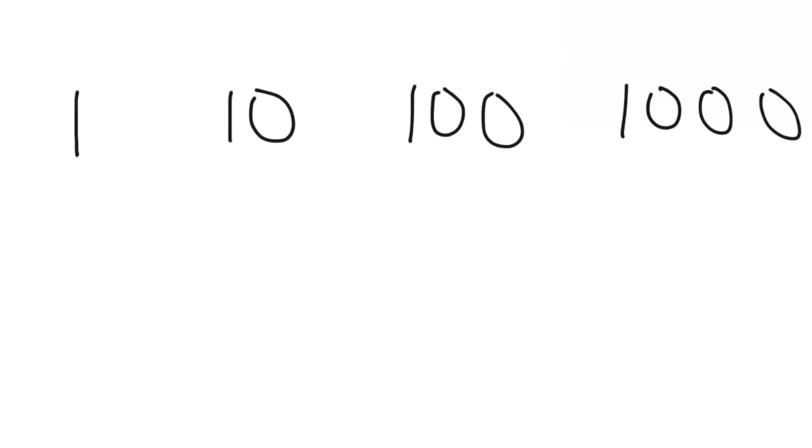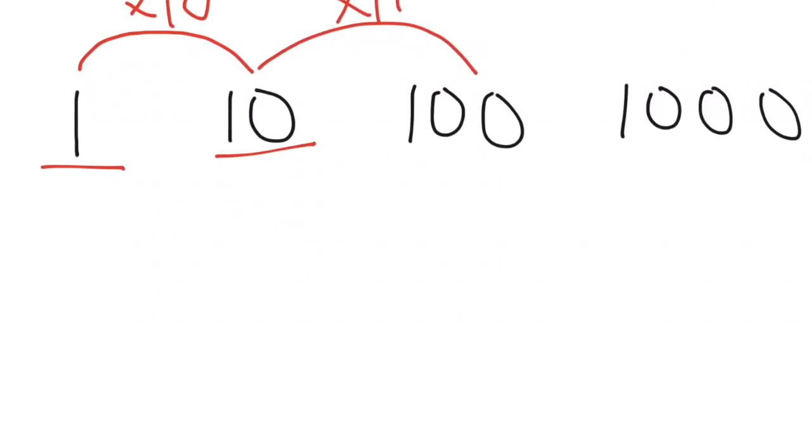So let's take a quick look at what we were just talking about with pictures, and let's see what that looks like in numbers. So remember that every place value is 10 times bigger than the ones before it. So a 10 is 10 times bigger than a 1. The same thing can be said for 100 to a 10.